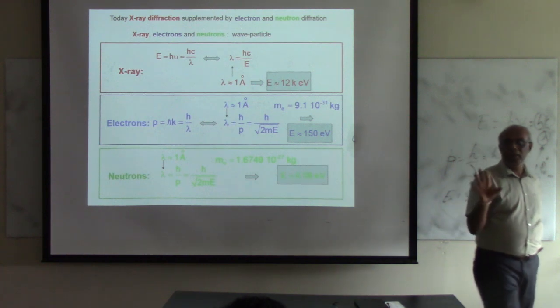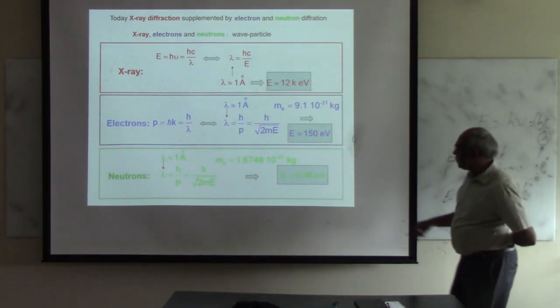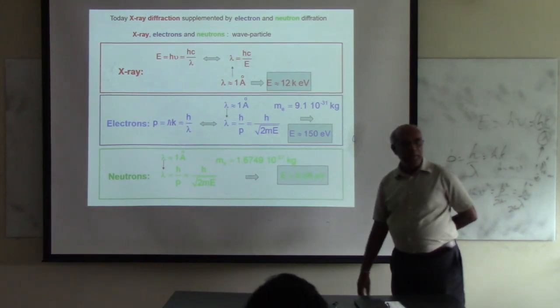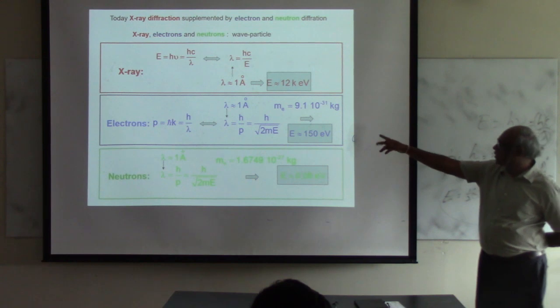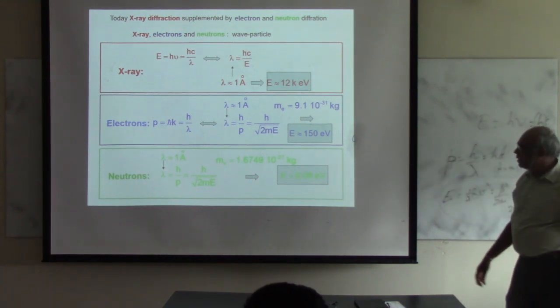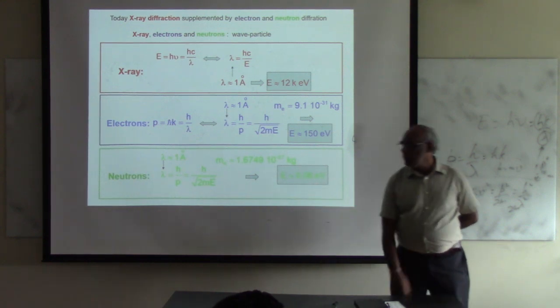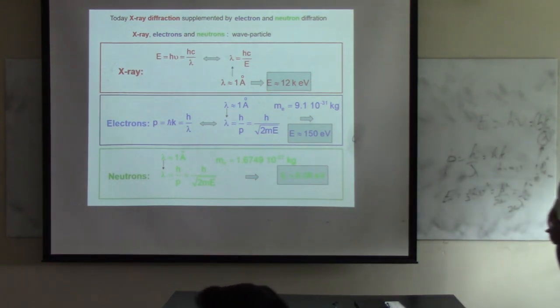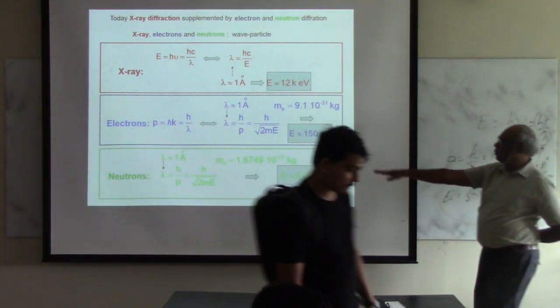Neutrons have very low energies, right? That has a lot of advantages. This will not damage your sample compared to electrons or X-rays. I will talk about why neutrons are important for many other aspects. So please remember, electrons and neutrons both have masses, right?